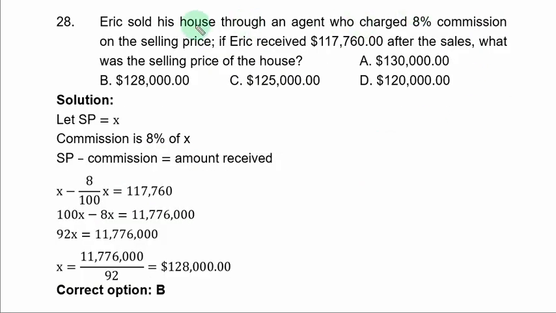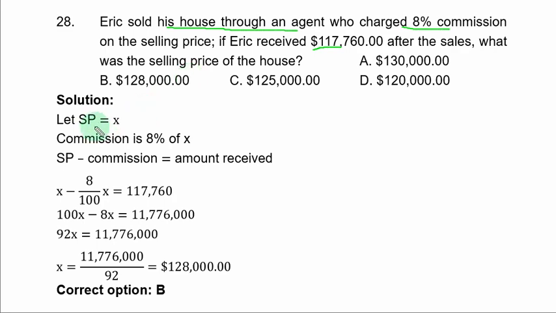Question 28. Eric sold his house through an agent who charged 8% commission on the selling price. If Eric received 117,760 after the sales, what was the selling price of the house?